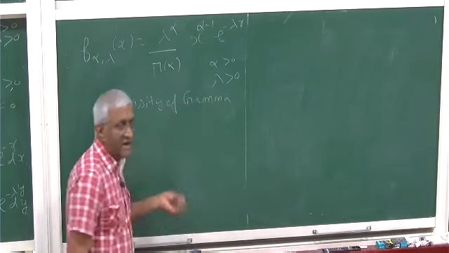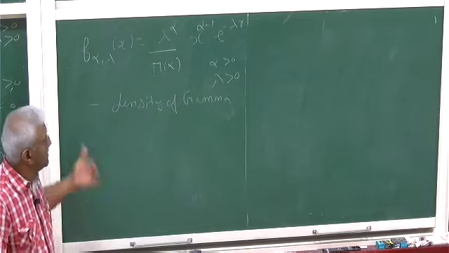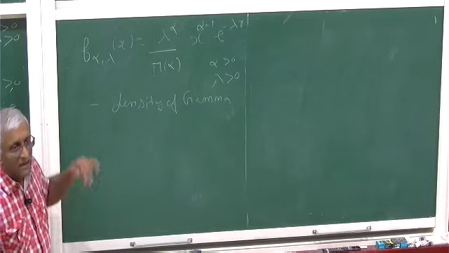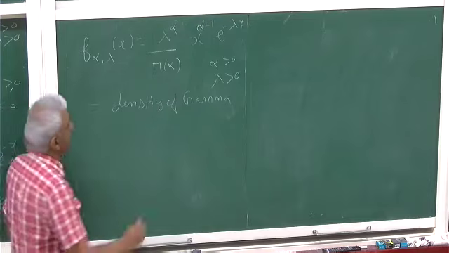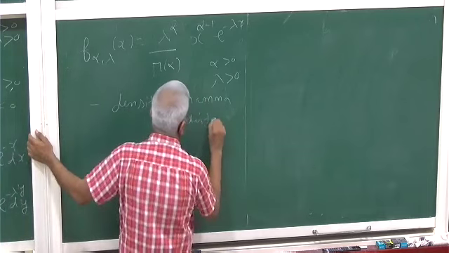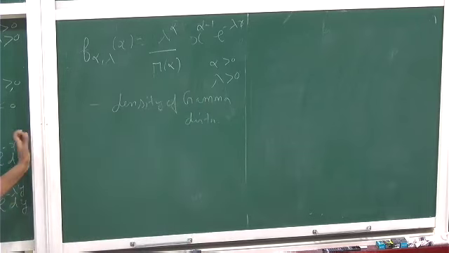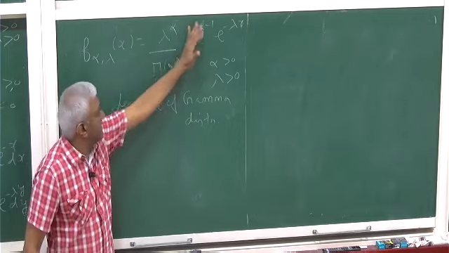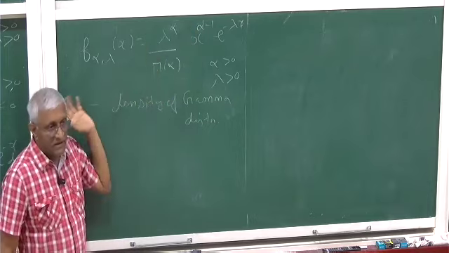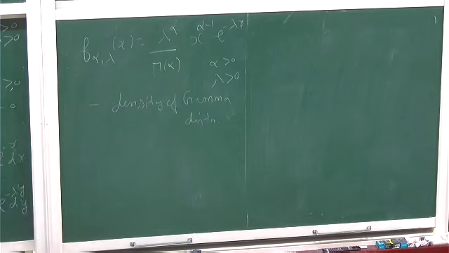If a random variable follows the gamma distribution, its density is given by this. We have proved that if you integrate it, you get the inverse of this.